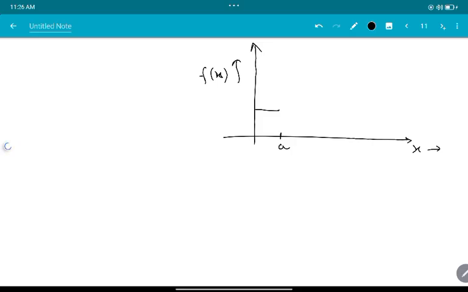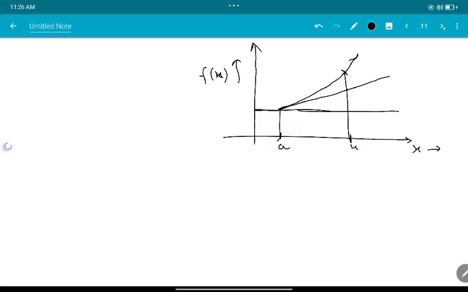Let us first draw our constant case, then the uniform case, then lastly our non-uniform case. This is x. This is the situation. The question is, how can we measure this distance?